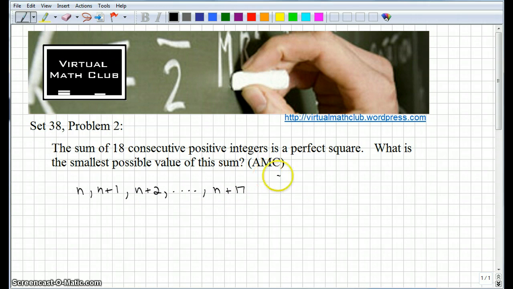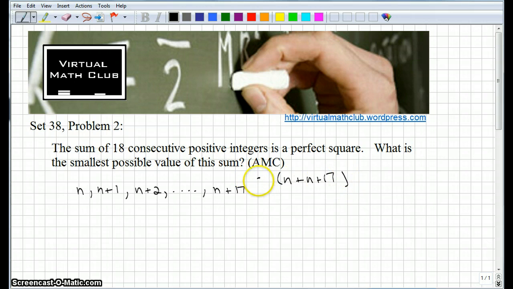Now, there's a formula, if you've seen my lesson videos on counting lists of numbers and arithmetic series, and there's one on Gaussian addition. One way you can do it is to take the first number plus the last number, which would be n, the first number, plus n plus 17, to get the sum.